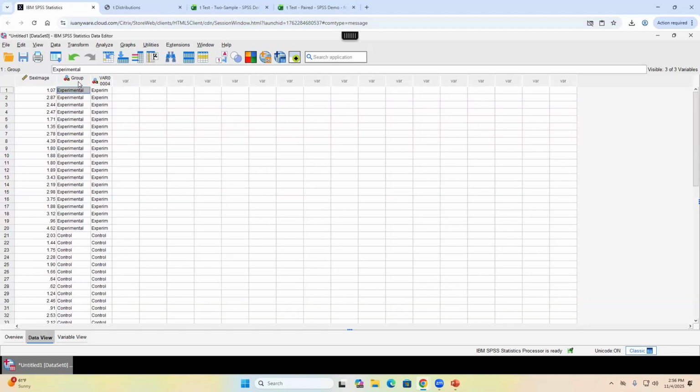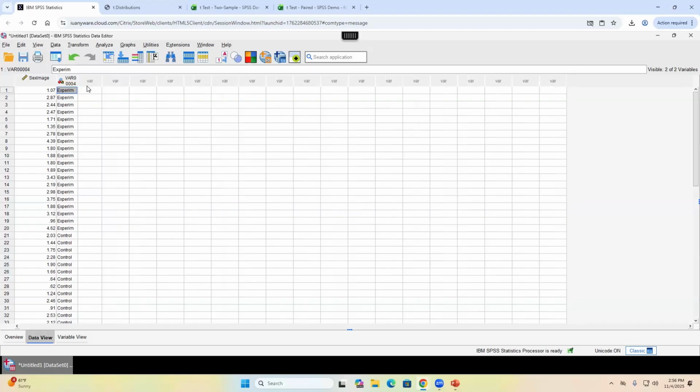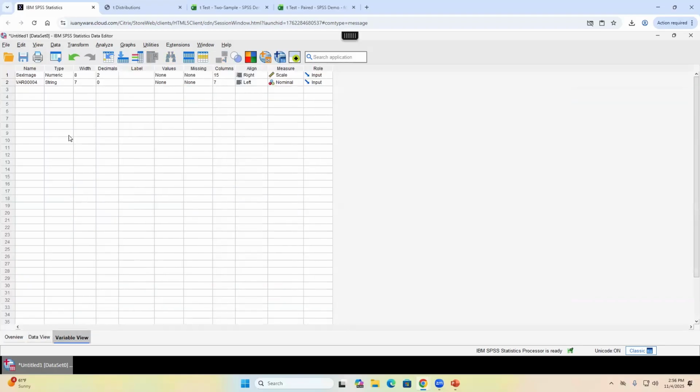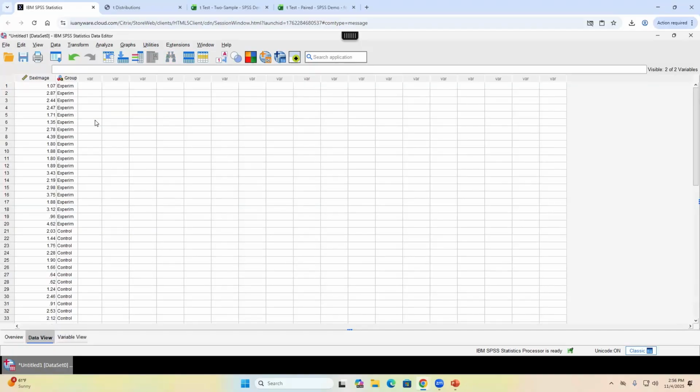And then we're going to take this group variable, highlight it, delete the whole thing, and then go back to variable view, and rename this as group. And now we have it set up in a way that is not going to cause SPSS to have a meltdown.